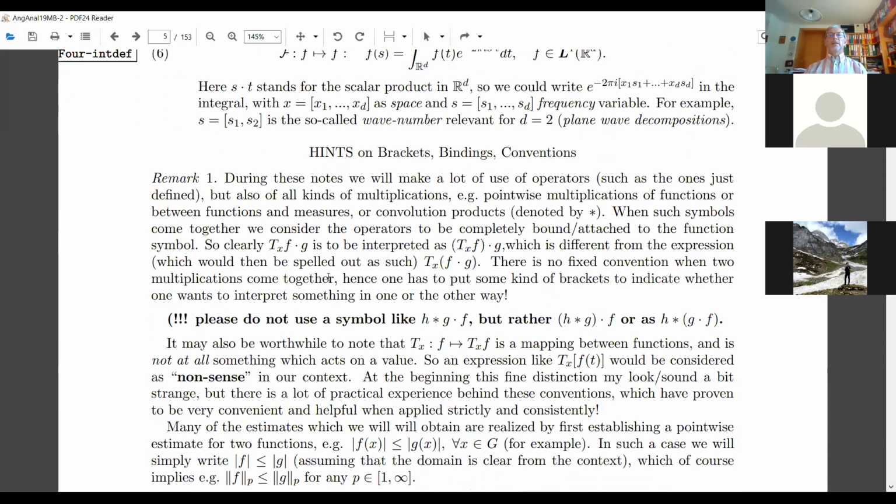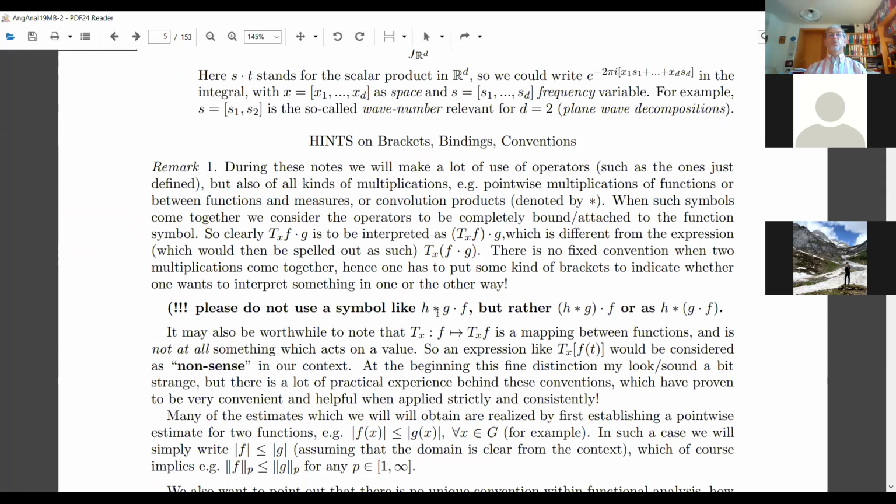Now, I will later on work with convolution, pointwise multiplication or so, and this is something that you should look up later on, but I would like to mention it at least.